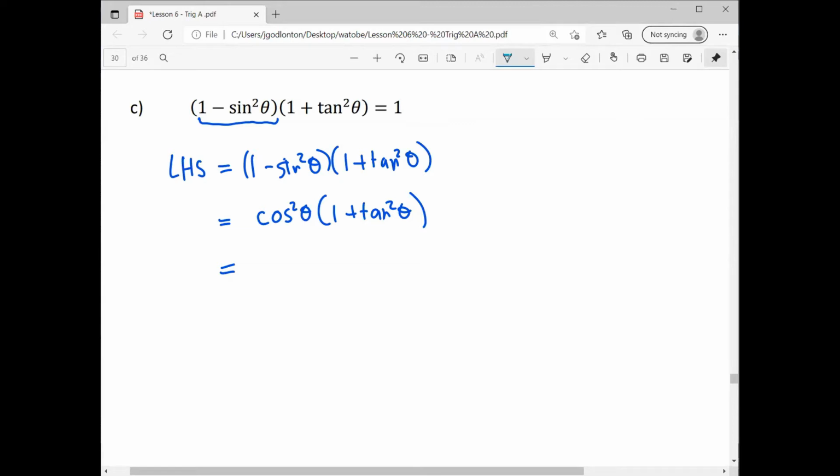Yes, change tan. Good. As soon as we see tan, we want to change tan. So I'm going to keep that cos squared theta, and I have 1 plus sine squared theta over cos squared theta. Good. That step's done.